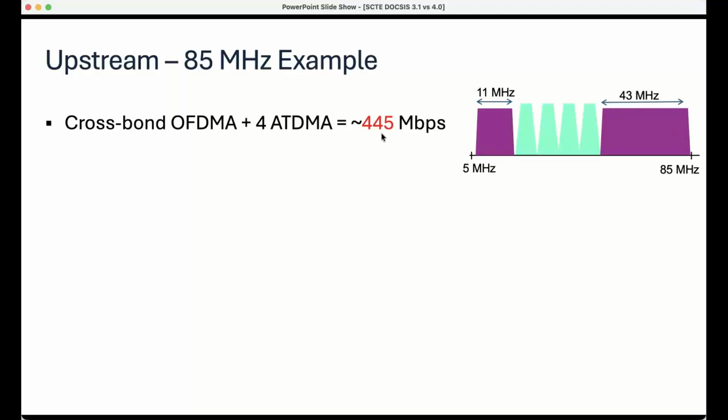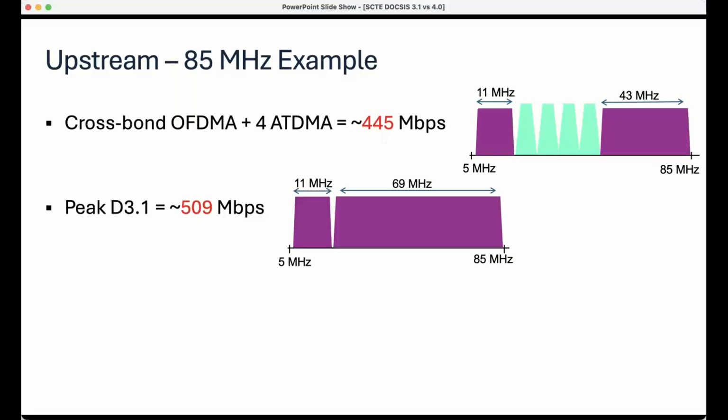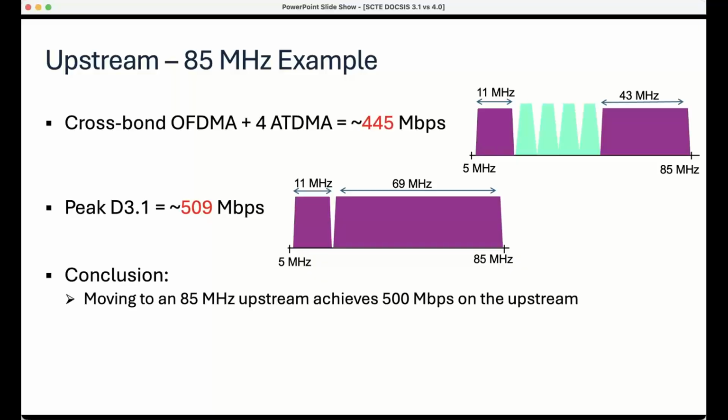You can get almost 500 megabits per second of capacity, assuming you don't have a lot of noise. Or you could drop those SC QAMs altogether. You could get over 500 megabits per second. Again, assuming you're running at 1024 QAM and don't have a lot of noise in your upstream.